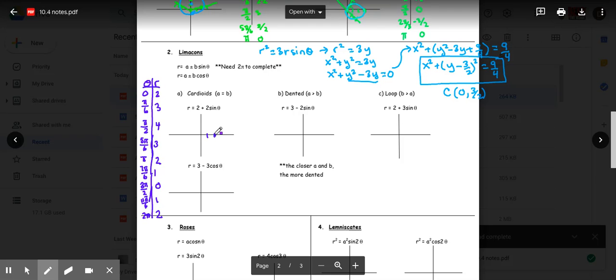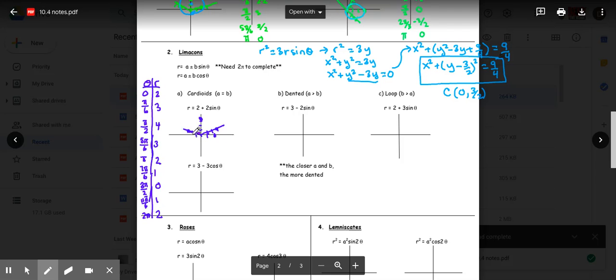Here's where we start. An angle of pi/6, so that's along this line, and a directed distance of 3. An angle of pi/2, so we're along this line, and a directed distance of 4. 5 pi/6, so we're along this line, and a directed distance of 3.